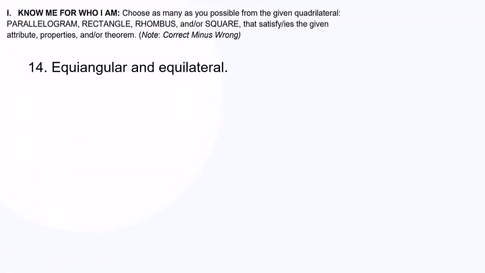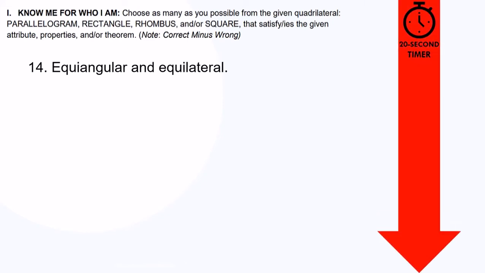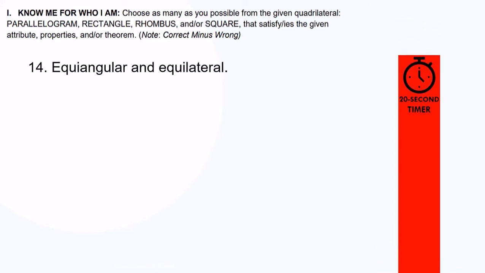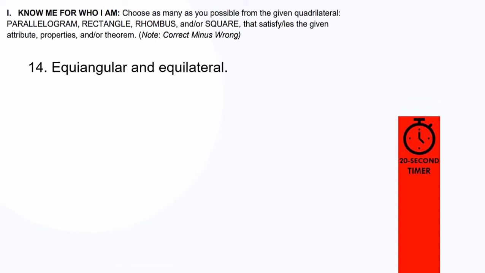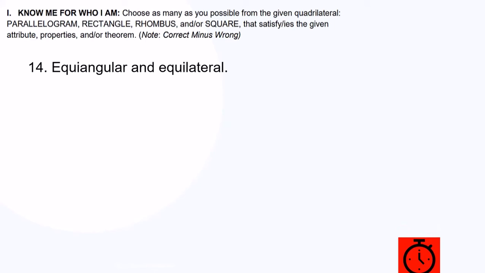Number 14. Equiangular and equilateral. Your timer starts now. Correct answer, square.